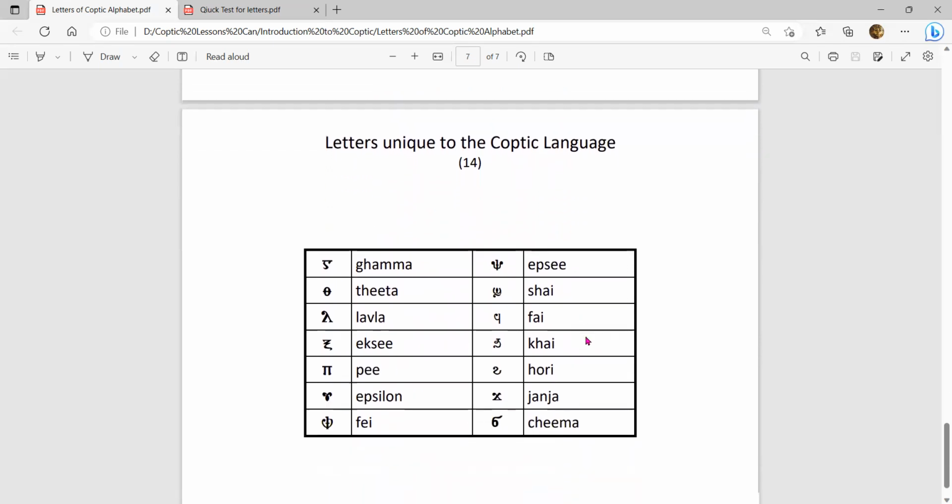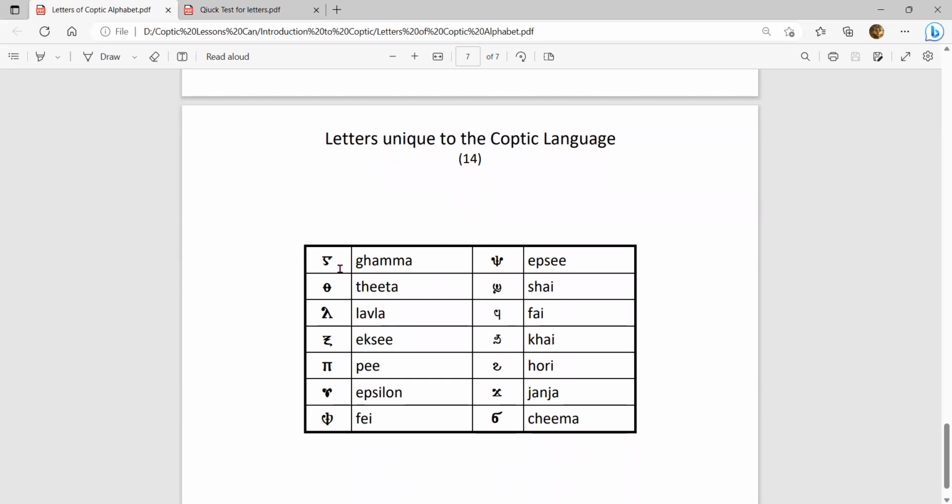Letters unique to the Coptic language are the Gamma, the Theta, the Lavla, the Xi, the P, the Epsilon, the Phi, the Epsi, the Chi, the hori, the janja, and last of all is the chima.